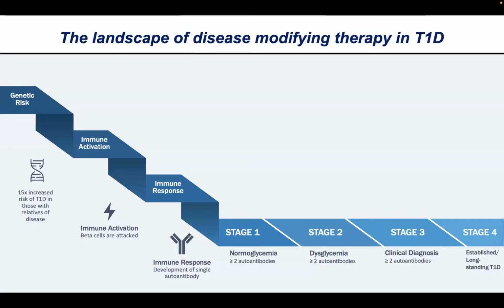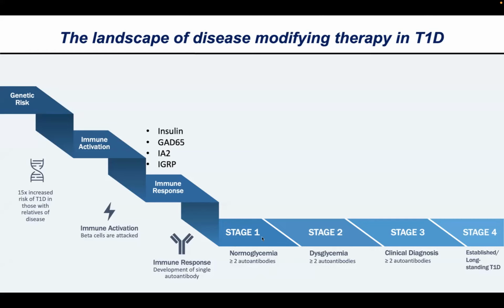In the beginning, I would like to introduce this staging system. In this model, we assume the majority of the people who develop type 1D harbor genetic risks like the HLA genotype. It is triggered by immune activation like bacteria and viruses, followed by an immune response and development of autoantibodies towards beta cell specific antigens.